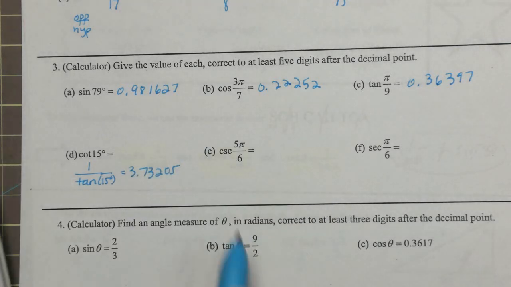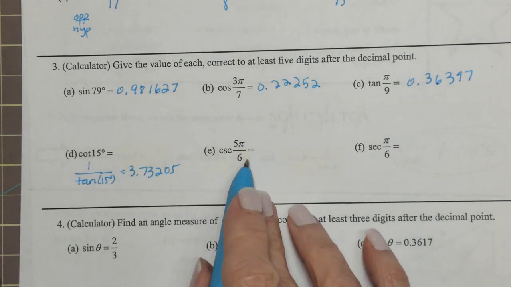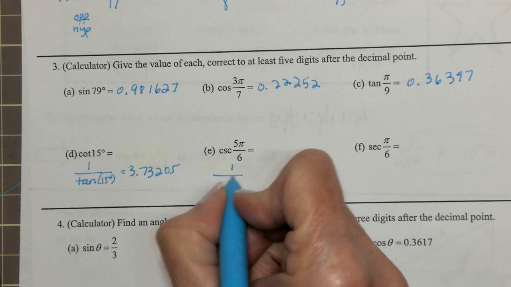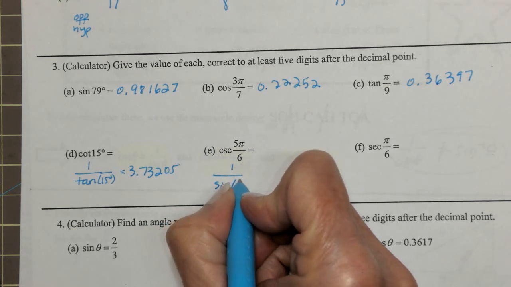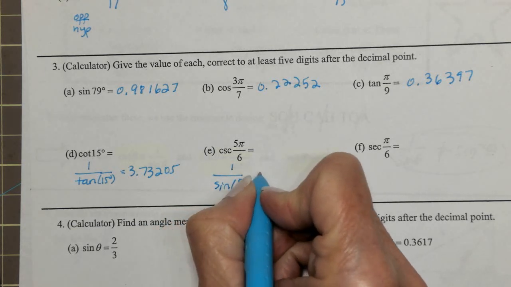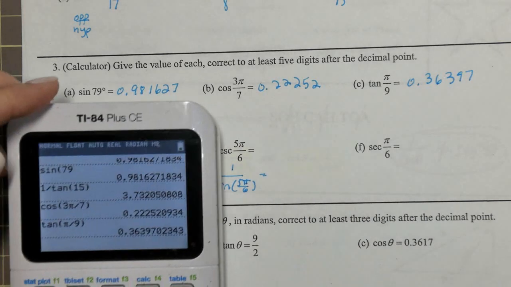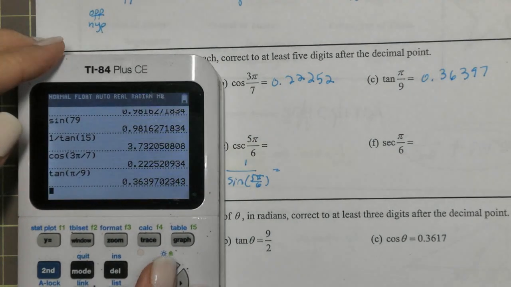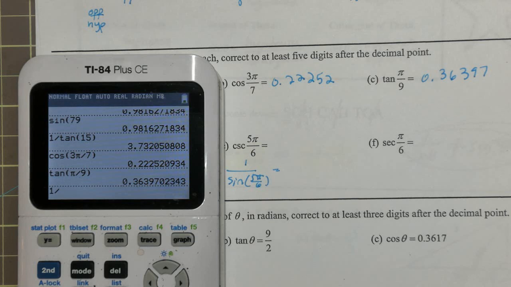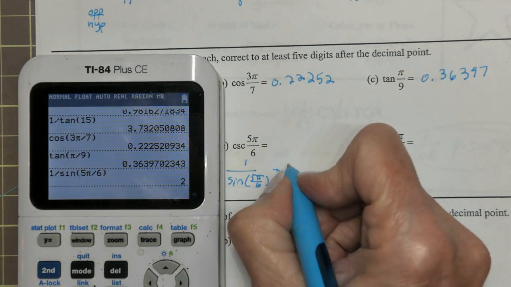Okay. Cosecant of 5 pi over 6 is 1 divided by sine of 5 pi over 6. 1 divided by sine of 5 pi over 6 is exactly 2.